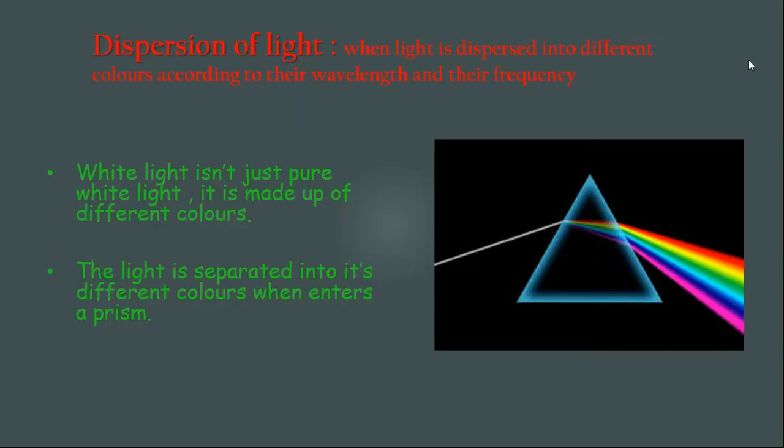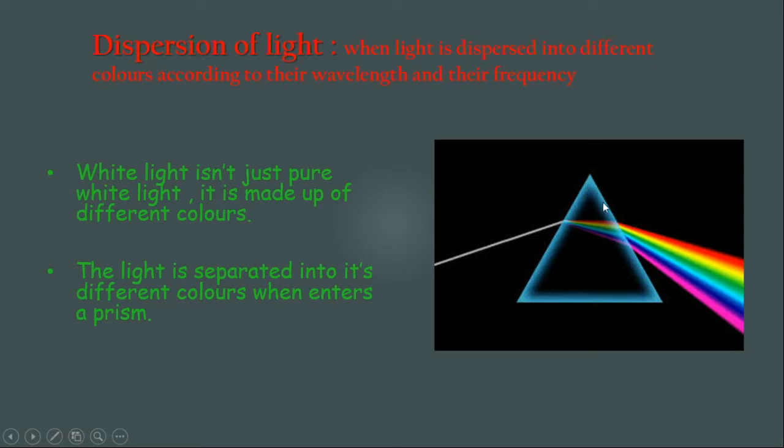Before we start, do you remember dispersion of light? We talked about it before. When light is dispersed into different colors according to their wavelength and their frequency. You remember the case? Here it is. We have white light. When white light enters a glass prism, what happens to the white light?